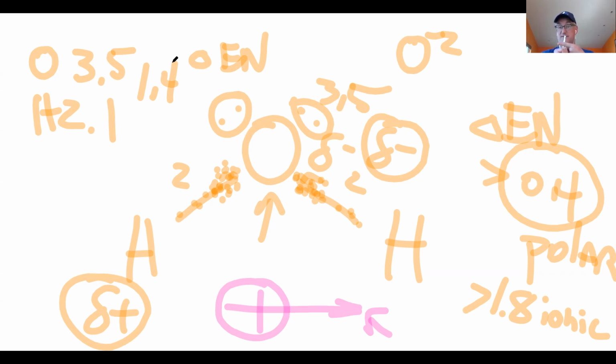It looks like we have a little positive sign. That points towards the partial positive. So if you ever wonder what direction it's in, look at the back end of the arrow and it tells you, oh, that's a positive sign. It should be pointed toward the more positive. And so what we have is a line that goes like this. That bond is polar. This bond is polar as well, both pointing towards the oxygen.